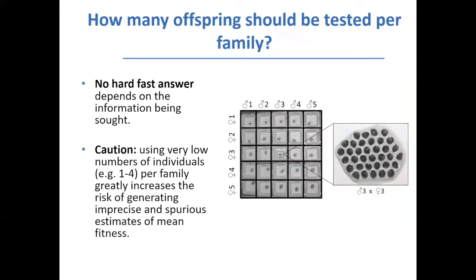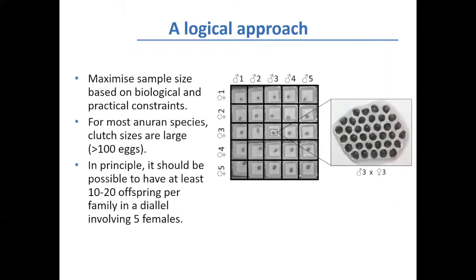Another important question when designing your study is to ask how many offspring should be tested per family. Again, there is no hard, fast answer as it really depends on the information being sought. Saying this, using very low numbers of individuals, say 1 or 2 eggs per family, would greatly increase the risk of generating imprecise and spurious estimates of mean fitness.